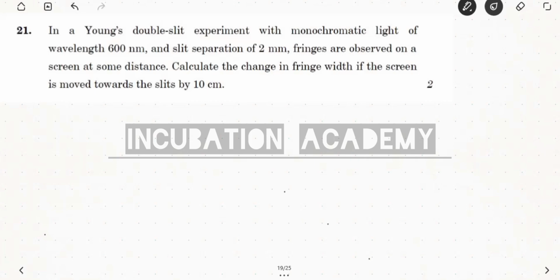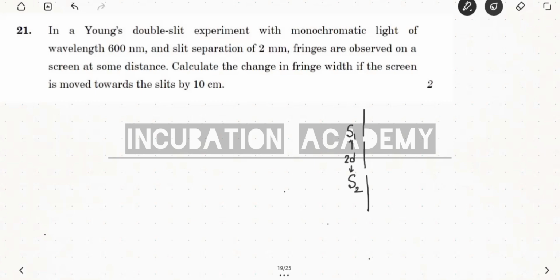So let us draw the arrangement first. What is the Young's double slit arrangement? These are the two slits S1 and S2. These two slits act as coherent sources, and the separation between them is 2d.